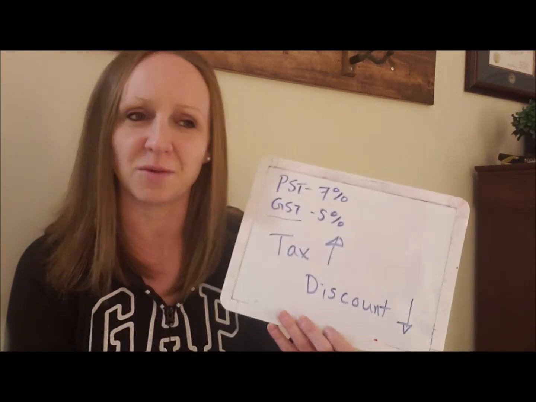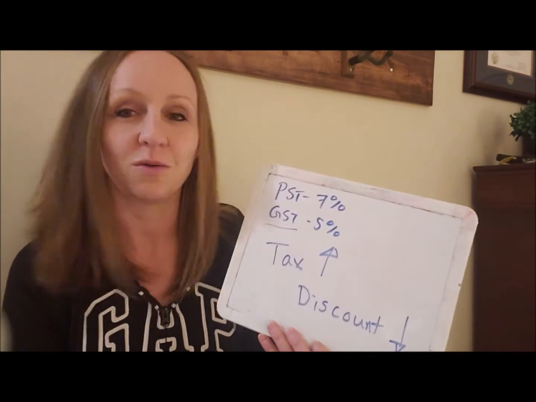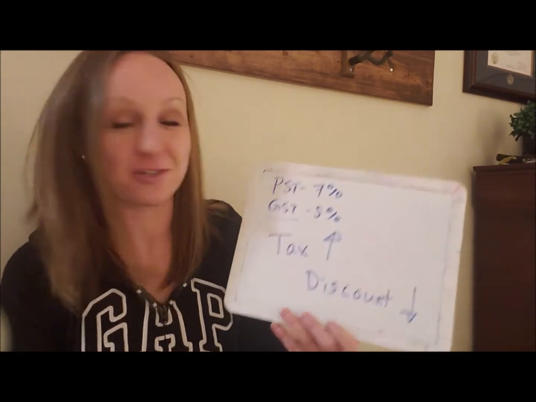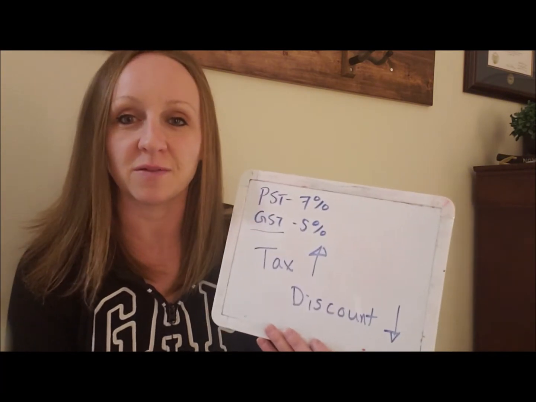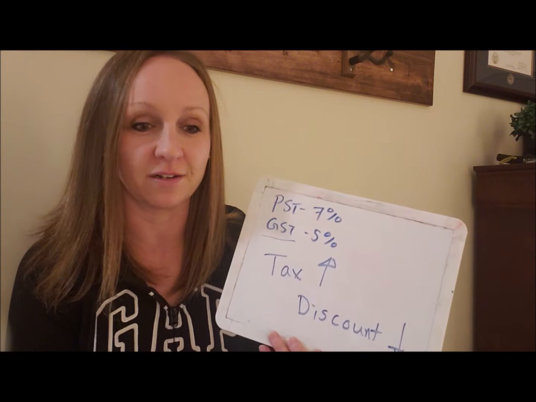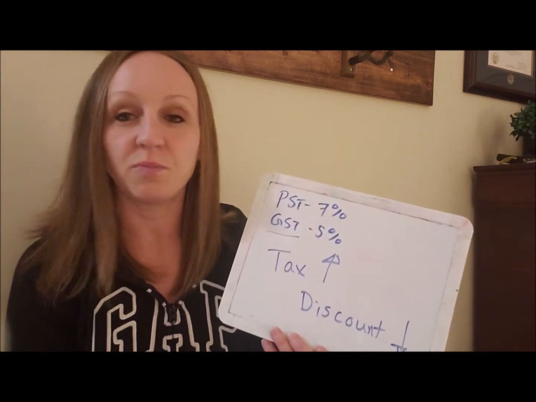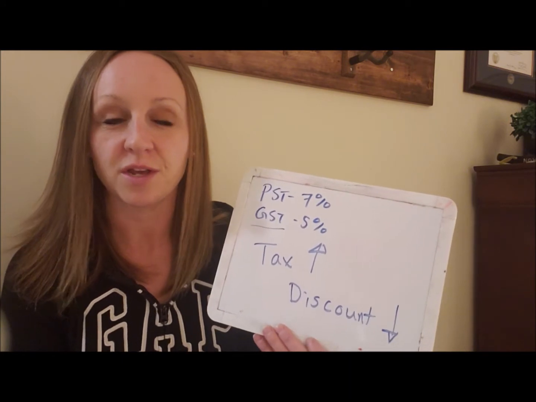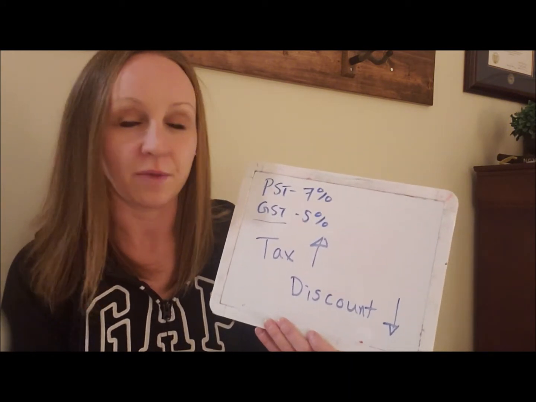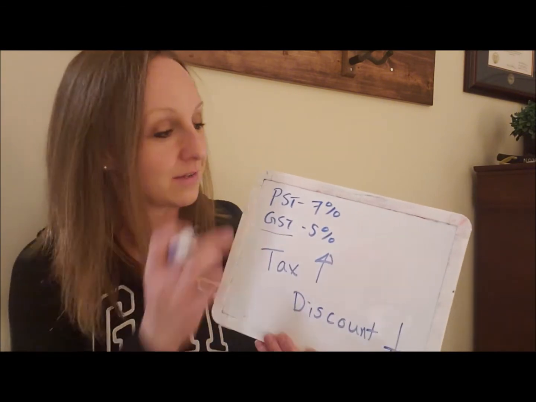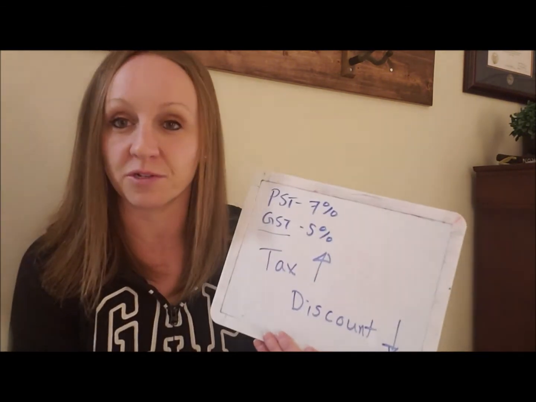And you might be thinking, whoa, why is British Columbia's tax higher? That's a really good question. That's just how much they chose. Every province has a different amount. Every province gets money based on different resources in their province. And so in British Columbia, our government has decided that 7% is the amount that they're going to charge for everyone in BC. So if you again spend that dollar, 5 cents goes to the government of Canada, 7 cents goes to the government of British Columbia.